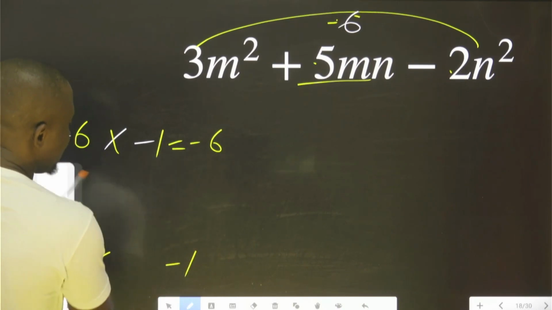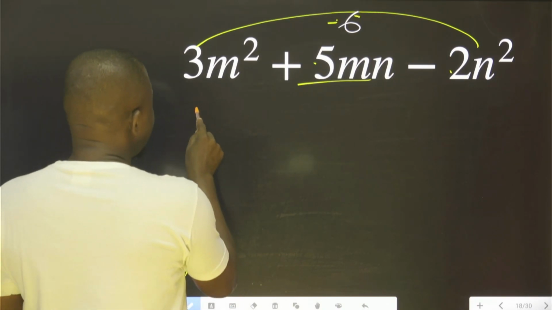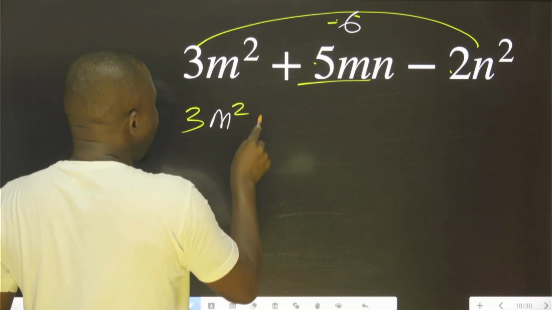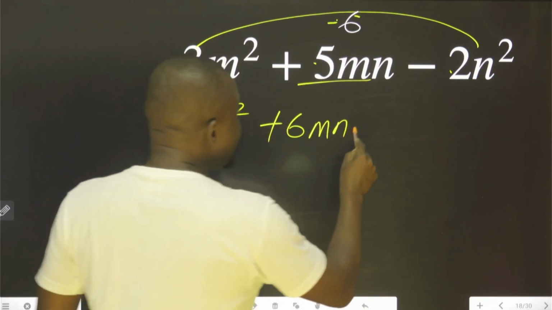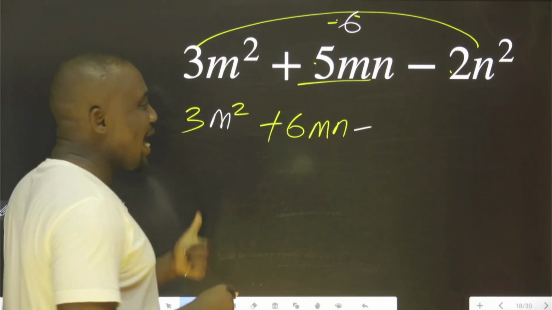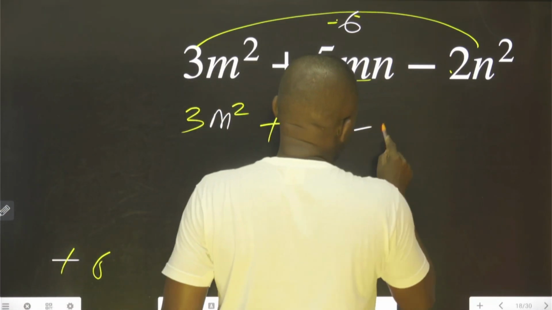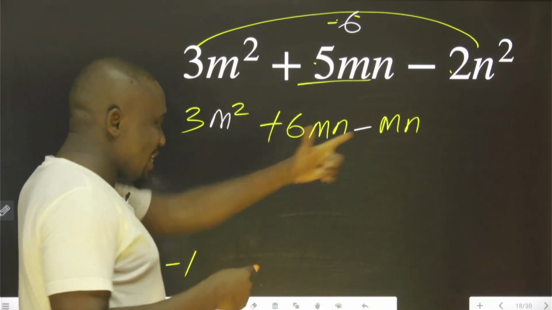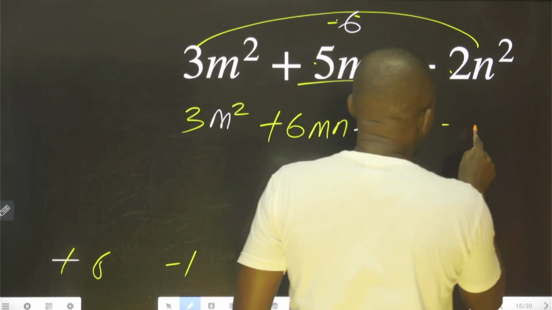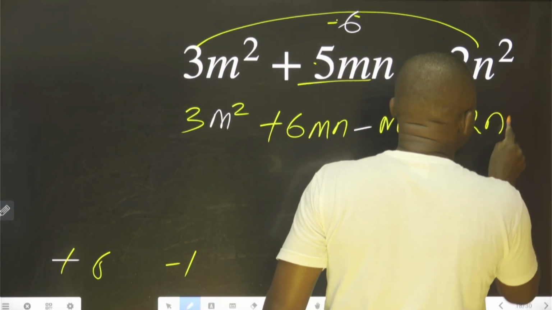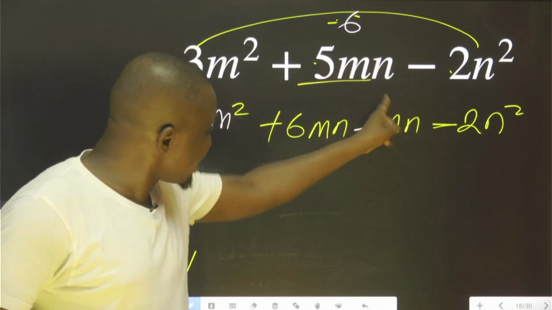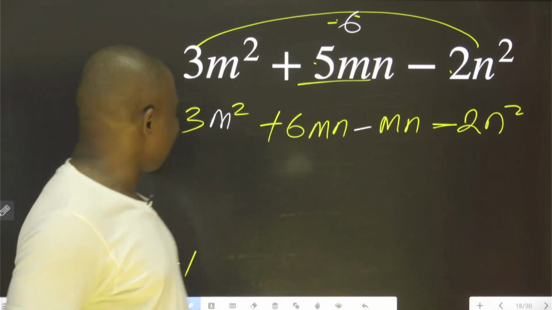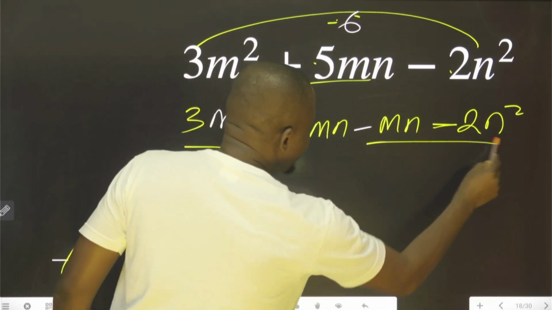Okay? I say now, therefore, 3m squared plus 6mn minus 1mn. We don't need the 1. Just say mn, because we know that there is 1 here. Minus, still put this 2n squared, not 6. This is just helping us to replace this. You must still retain this. Now, we group them.